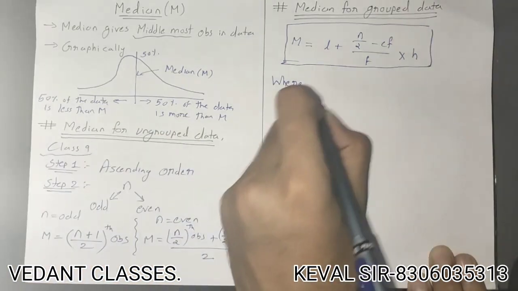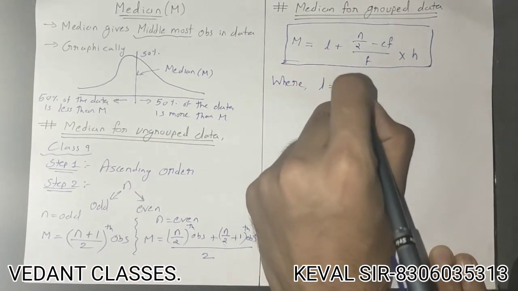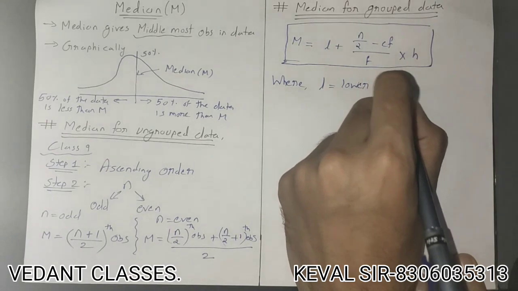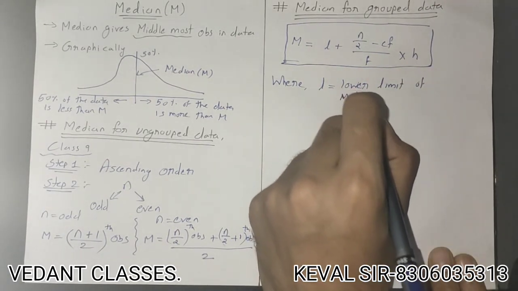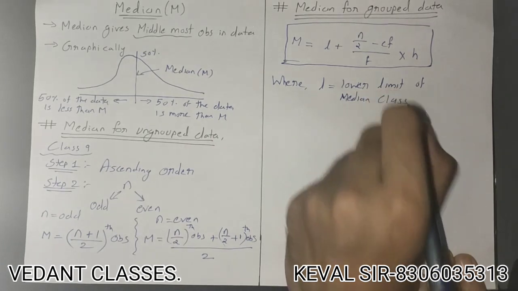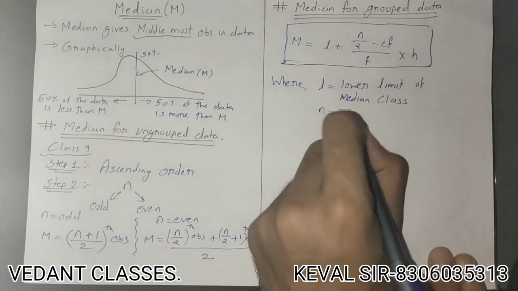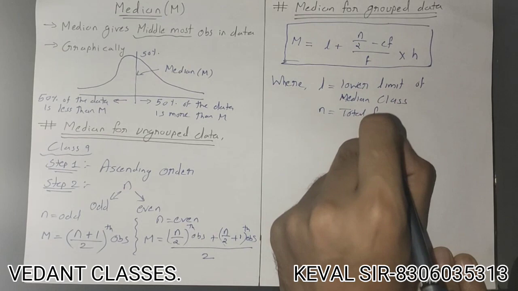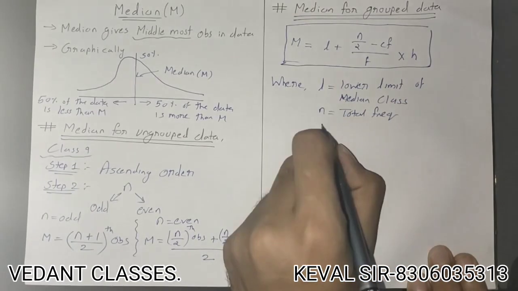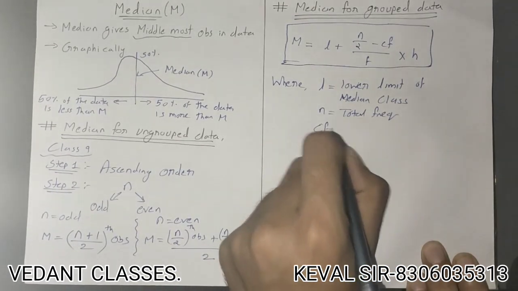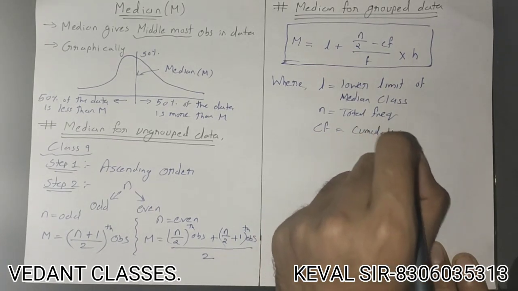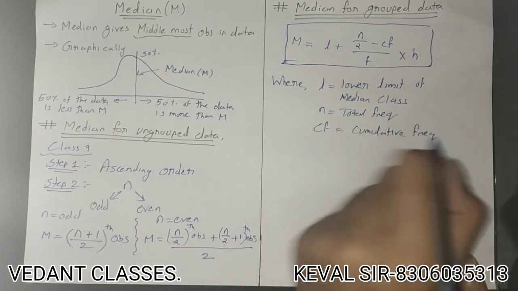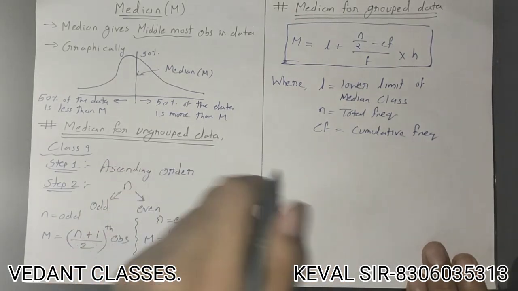Here L is the lower limit of the median class, n is the total frequency, and Cf is the cumulative frequency. We'll understand the cumulative frequency while solving the questions.